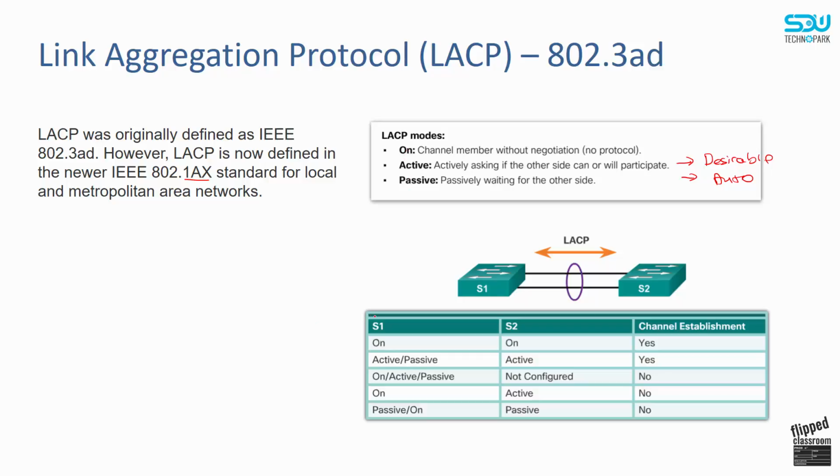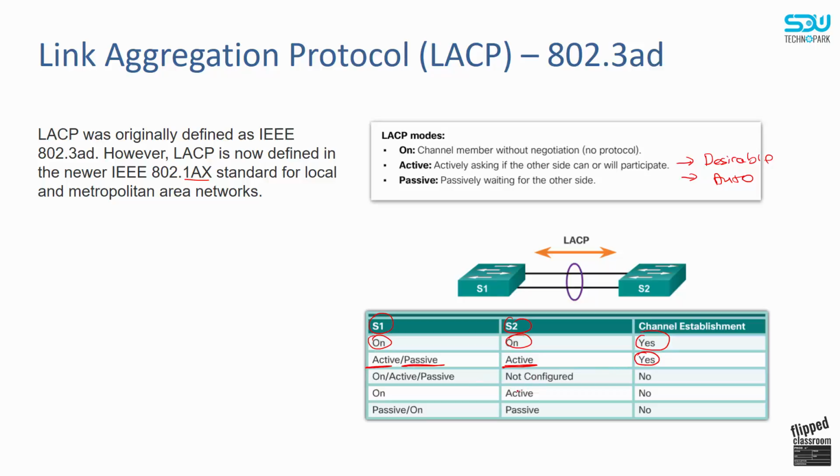When you have switch 1 and switch 2 interconnected, if you disable the EtherChannel negotiation protocol and just turn on the EtherChannel from both sides, then you will have channel establishment. If you have active on one side, and passive or active on the other side, then of course you have your EtherChannel establishment.